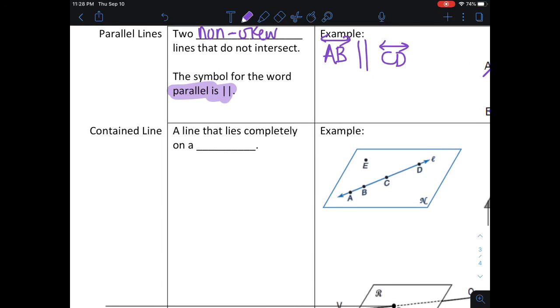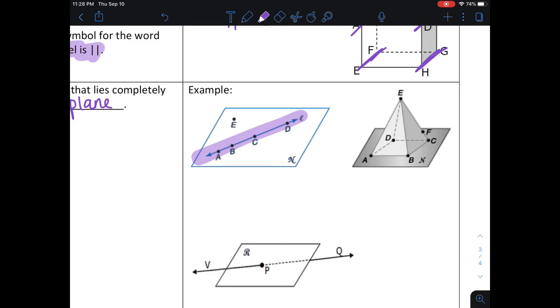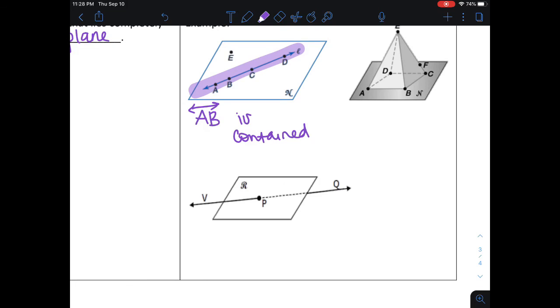All right, last but not least, a contained line, a line that lies completely on a plane. Let's look at the examples. We have this line. It's completely on this plane. No part of it is off this plane, right? So we would say line AB is contained. Down here, we have this situation, and then we have this line that's going through the plane.